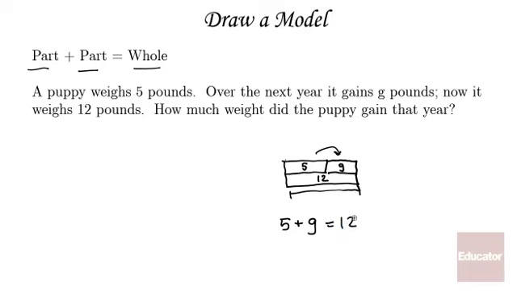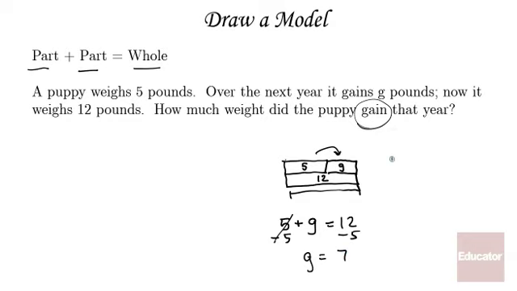Remember that the information you don't know is your variable. Variables always represent the unknown. So how much weight did the puppy gain that year? We're looking for the gain. And so that's why that's our variable. 5 plus G equals 12. Let's subtract 5 from both sides, subtraction property of equality, and G equals 7. Let's go back and check our information.